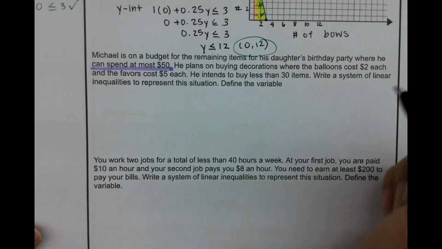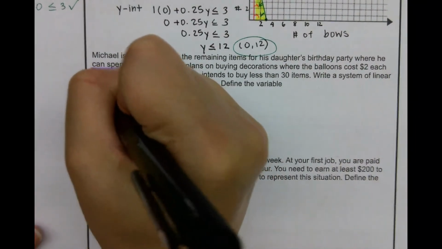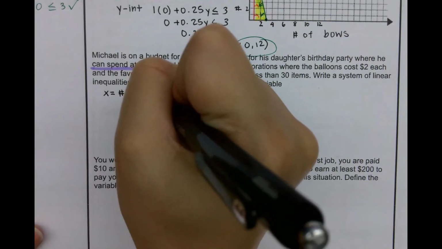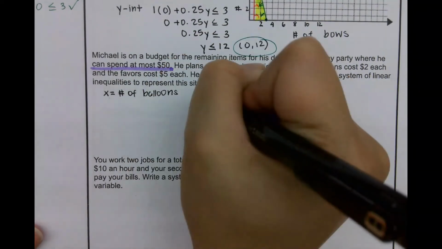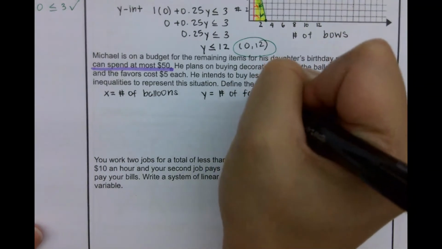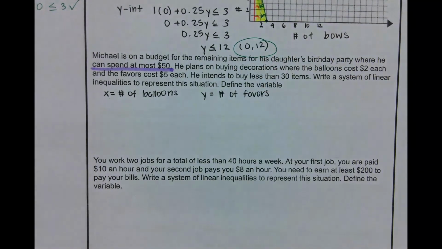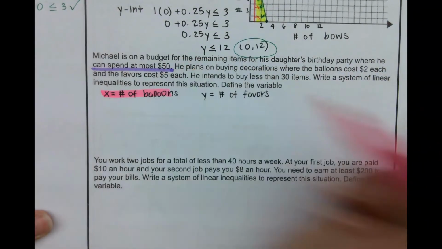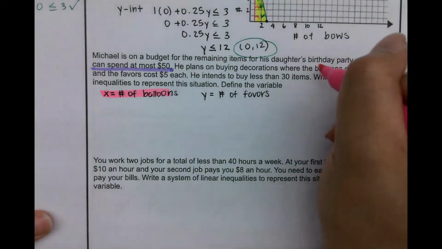Okay. So here we know he's spending money on 2 things: balloons and favors. So we can just make one of them number of balloons, one of them number of favors. We know that balloons cost $2.